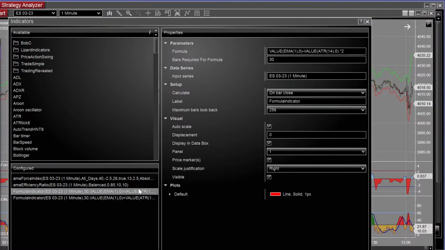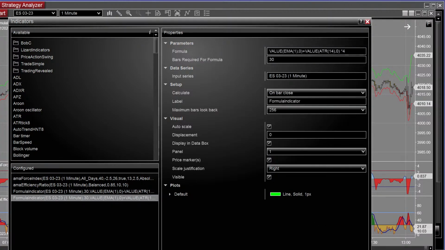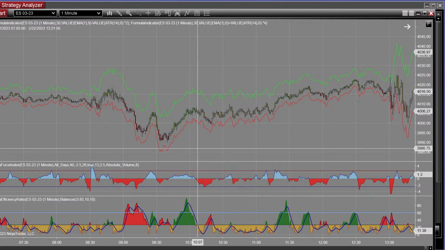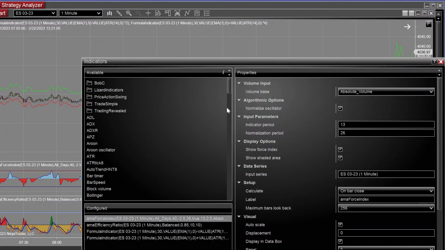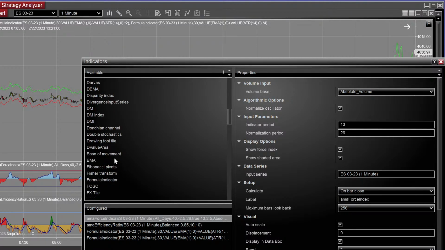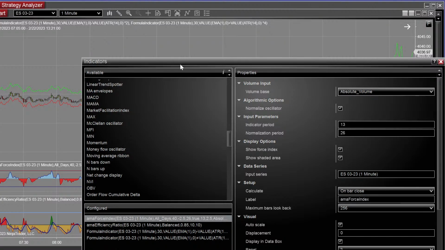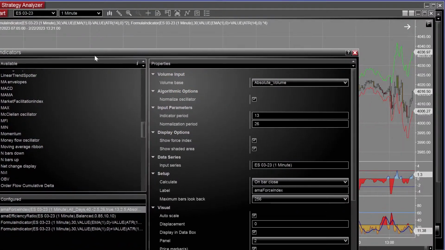Alright, so target's 2, stop's 4, doesn't really matter. So let's go ahead and add the default RSI. I think it's using the average. Yeah, it's the average of the RSI.